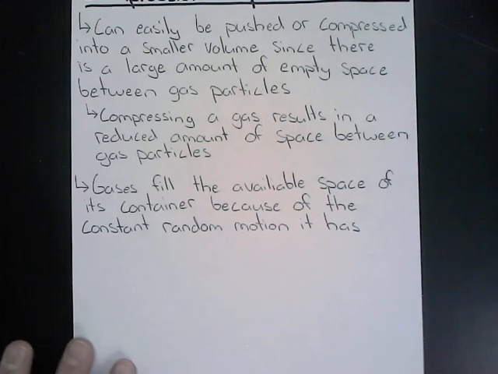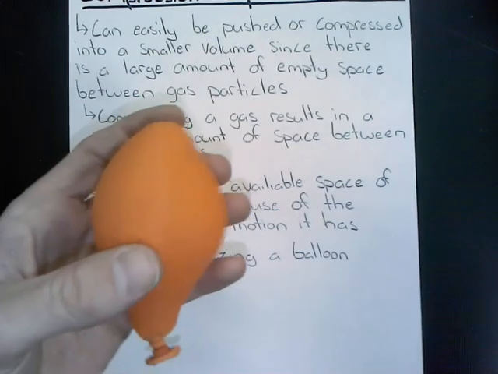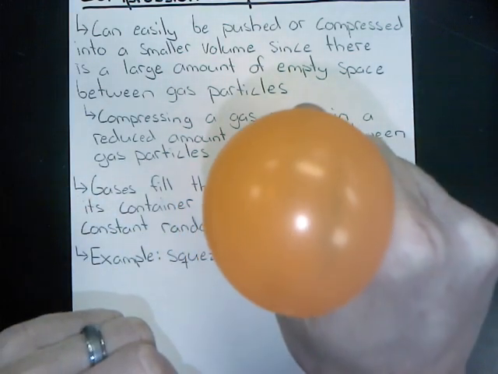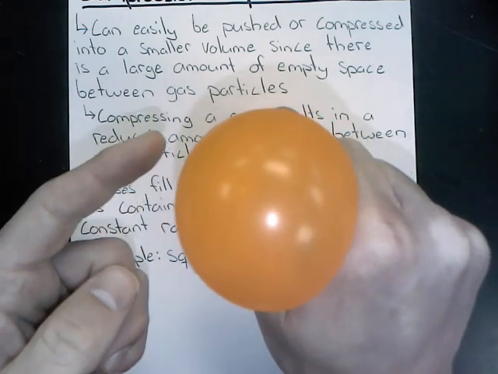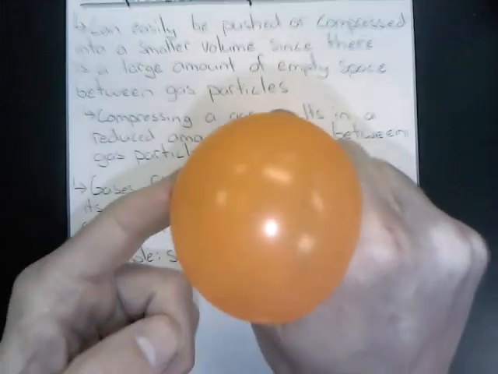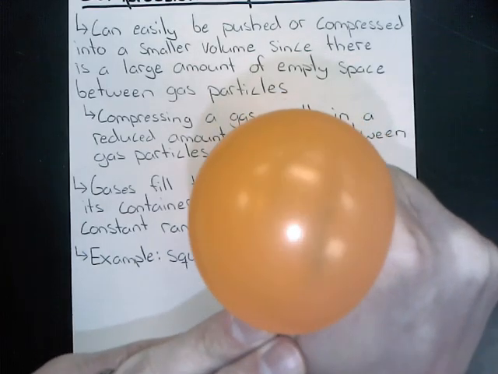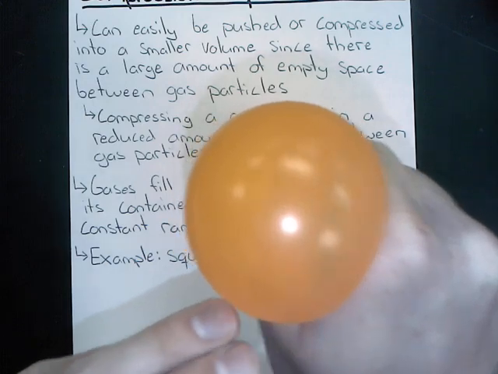Now, putting this expansion and compression business into an example, one really good example is squeezing a balloon. So when you take a balloon and you squeeze it, what happens is that we reduce the empty space in between the gas particles, and we compress this air that's in the balloon into a smaller volume.